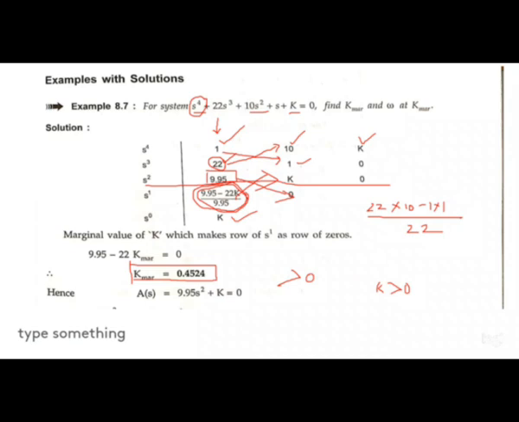If it becomes 0, according to case 2, we take the row above as the auxiliary equation. So this is your auxiliary equation: 9.95 s square plus K is equal to 0. So 9.95 s square plus 0.4524 is equal to 0.